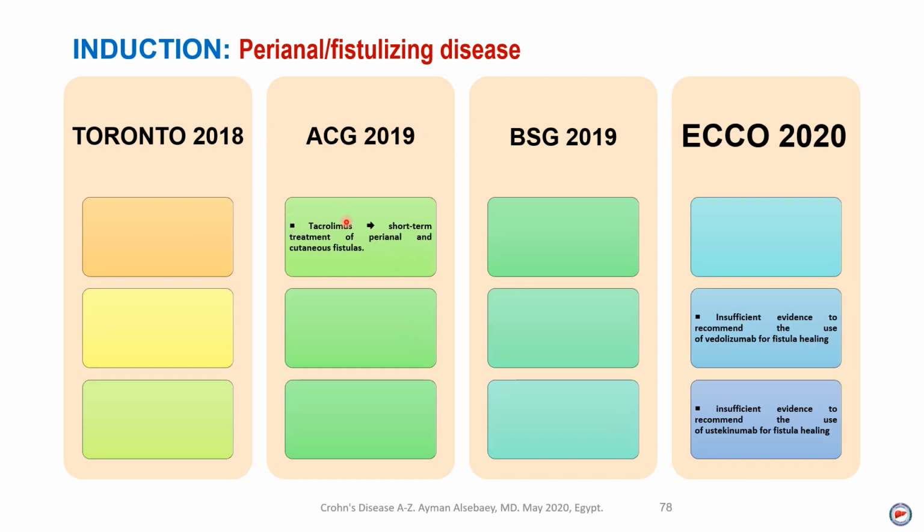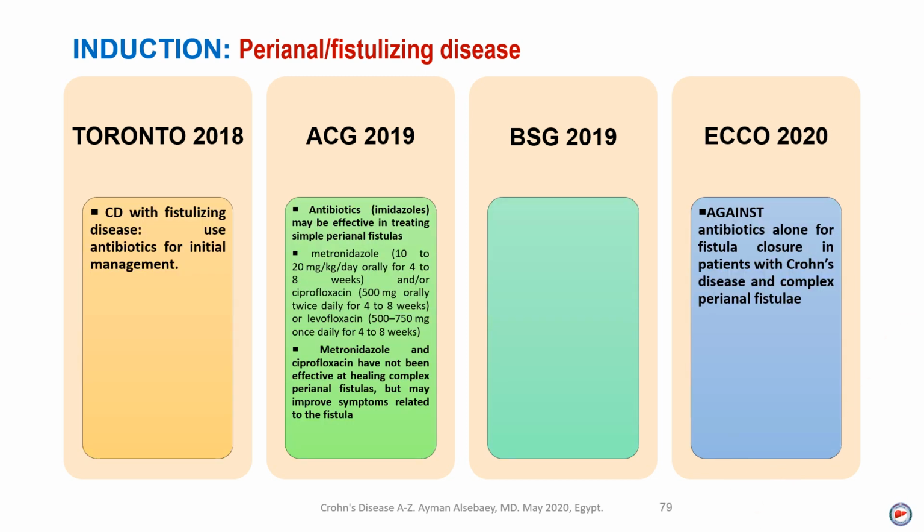ECCO also said, if you don't have infliximab, you may use tacrolimus for a short duration, okay? But ECCO said that the evidence for vedolizumab and ustekinumab is not sufficient now. What about antibiotics? We will discuss here antibiotics as induction therapy.